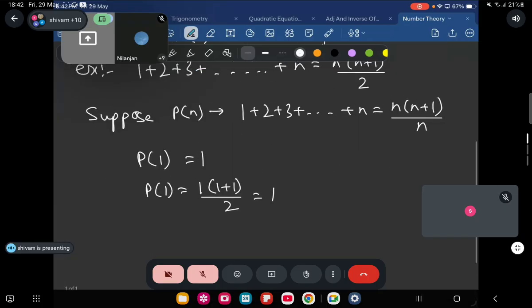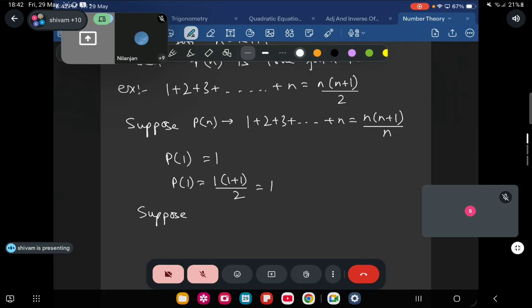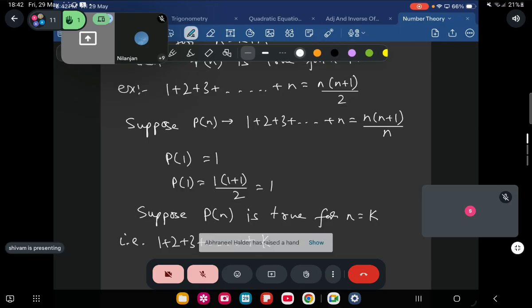Now suppose Pn is true for n equal to k. Now you just need to prove that it is true for k plus 1. Suppose Pn is true for n equal to k, that is, 1 plus 2 plus 3 plus up to k is equal to k into k plus 1 by 2.